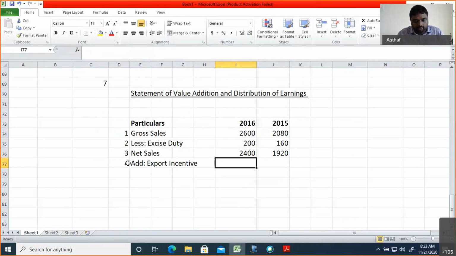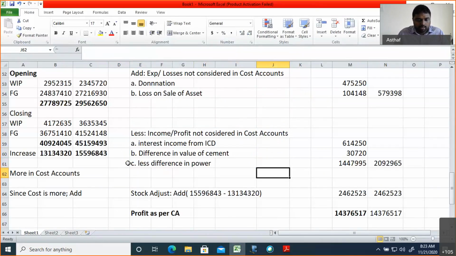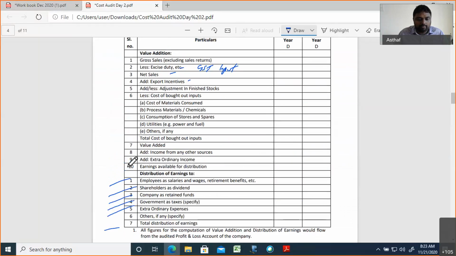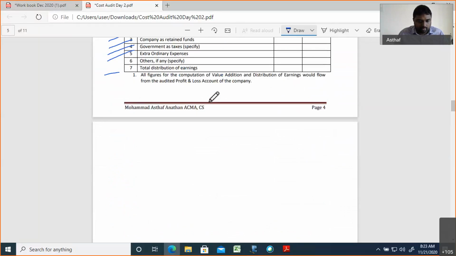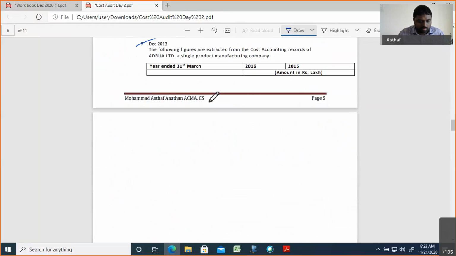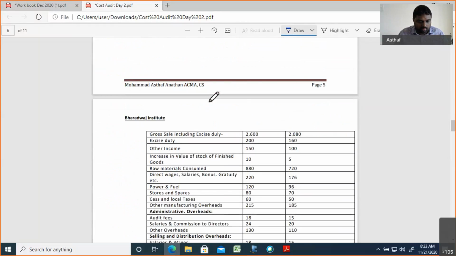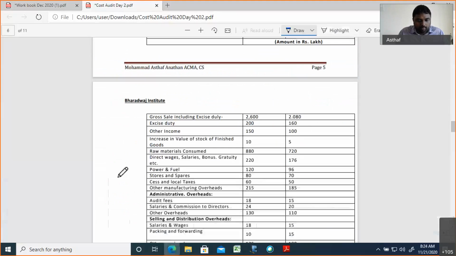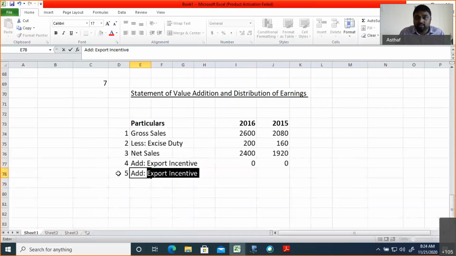Export incentive, nothing. So if you look in the format, there is an item called export incentive. It is not there. But another item is there. What is the item? Add increase in value of finished goods. Increase, we add. We have already told.